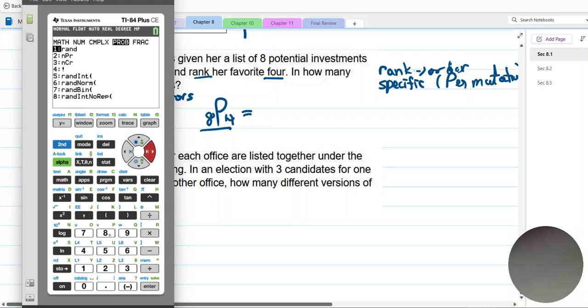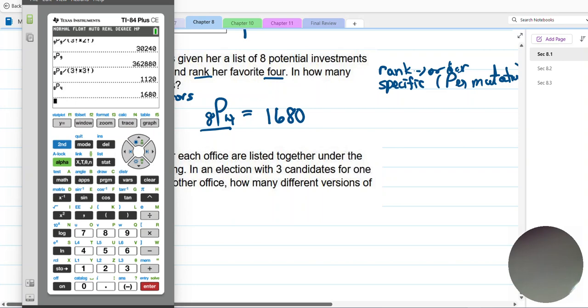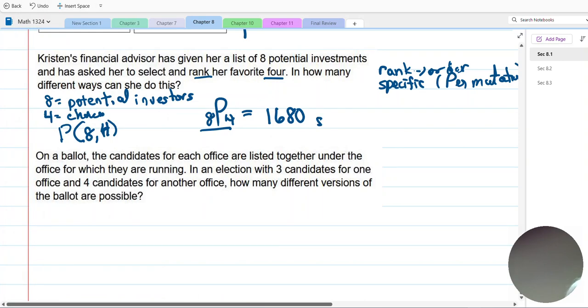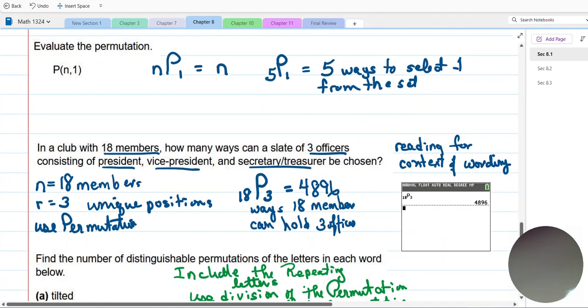I'm going to go number 2, and then I'm going to enter the 4, side arrow, and enter. And I'm going to have how many ways? 1,680 ways to select 4. It's by ranking.